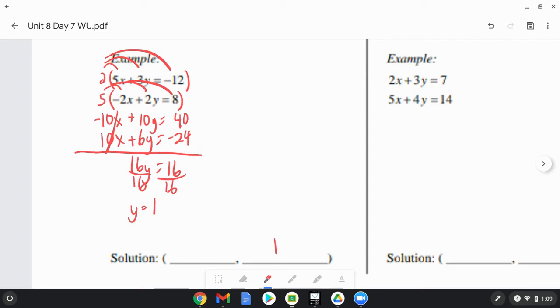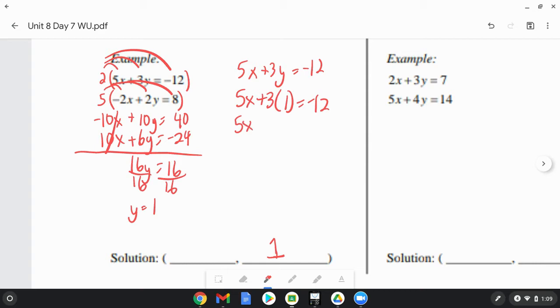So that's half of our answer, the 1 for y. But we need to find the other half by plugging in 1 for y. We can do it to the top or the bottom equation. It doesn't matter which one. It'll give you the same answer. So if we do it to the top, that'd be 5x plus 3y equals -12. We need to plug in 1 for y now. Instead of a y there, I plugged in 1.